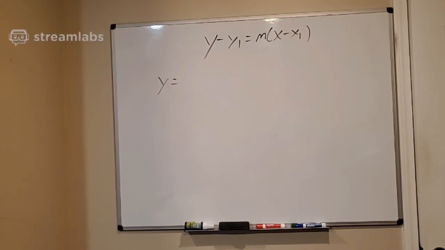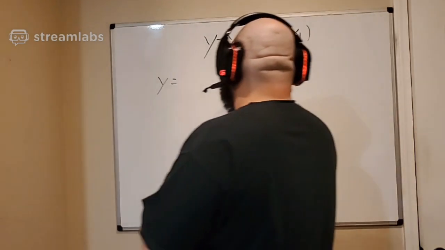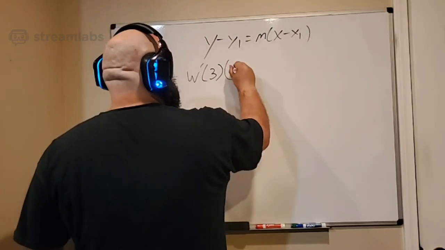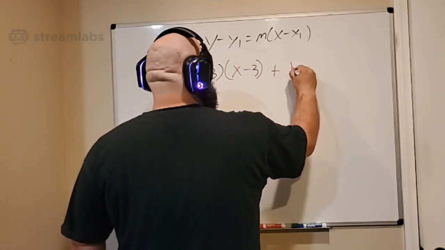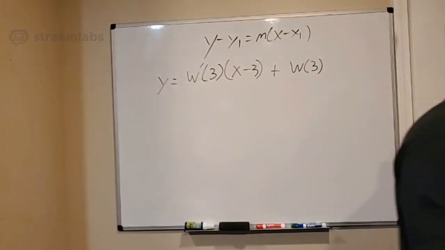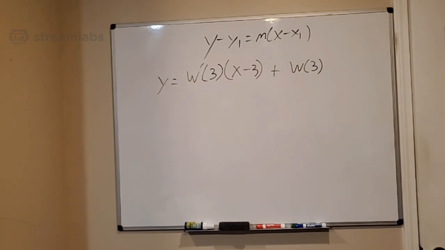We're looking for the linear approximation for w, so that means w prime of t. We need the linear approximation at 3, and then we're going to ask for 2.5. See how it says write an equation for the local linear approximation of w at t equals 3. So that means 3 is our a value.